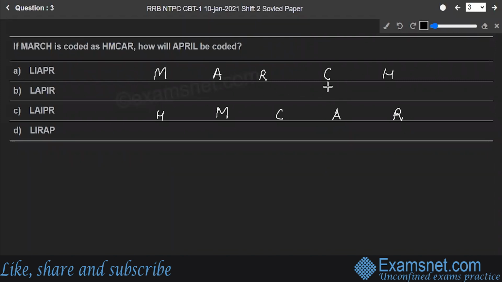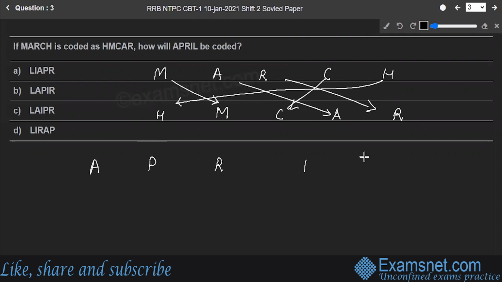You notice one thing, R has shifted here, A here, M here, C here, and H here. Just note how they are shifted. The same pattern will be applied for APRIL also.